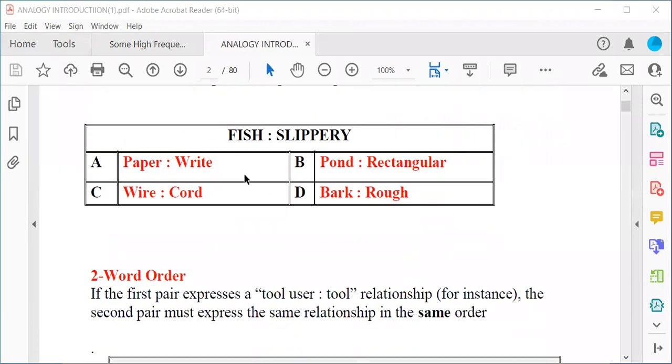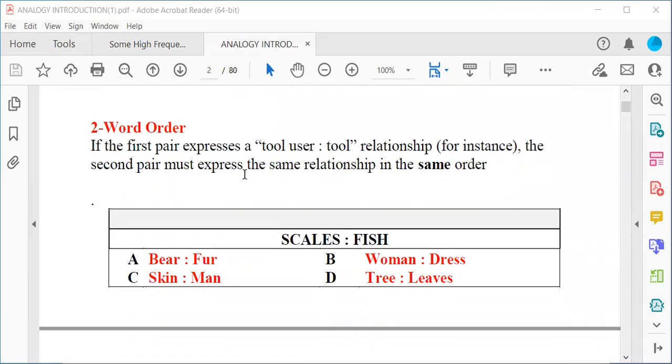Let's go to the second tip, which is called word order. In an analogy, word order is very important. Whether we go forward or backward is very important. You have to follow the main pair. If we have, for example, tool user and tool, we have to follow the same thing. The first one should be tool user and the second should be tool, and so on. Look at the example here, scales and fish.